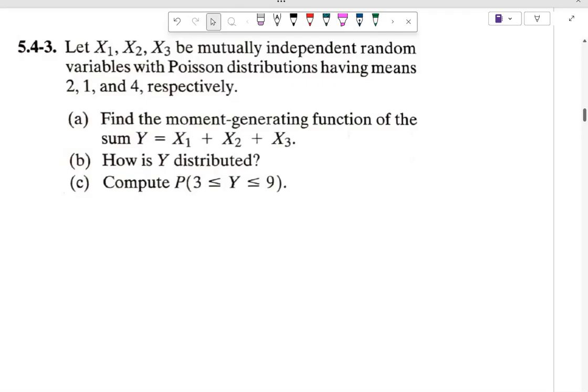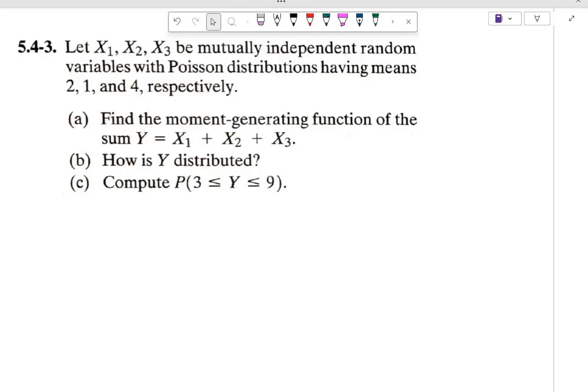We've already talked a little bit about this before. Now we have independent Poissons with different means, but it asks us to find the moment generating function for the sum. Well, again, the moment generating function for a sum is the product of moment generating functions, right?